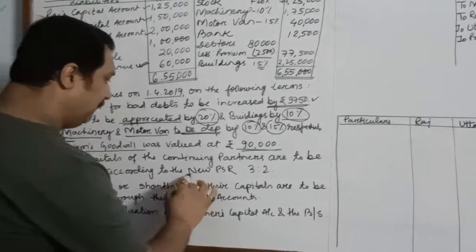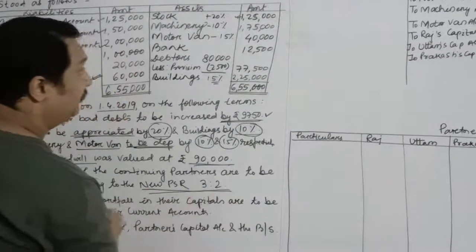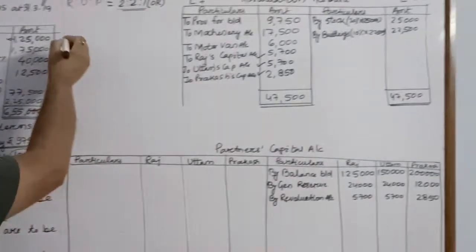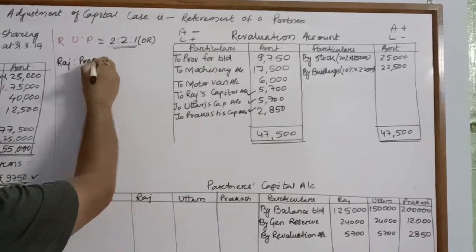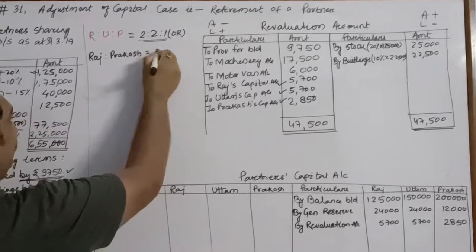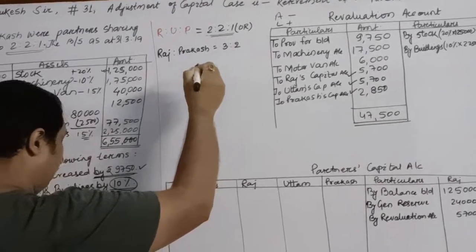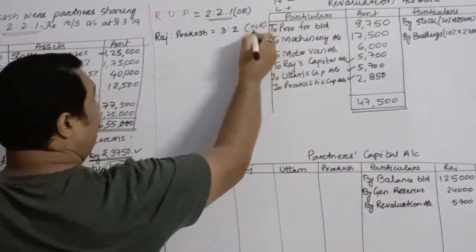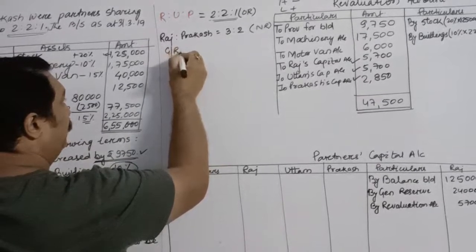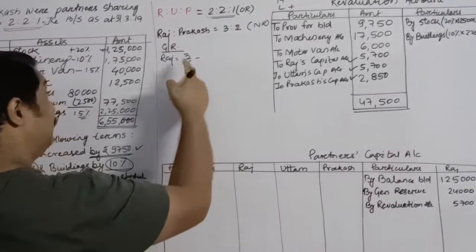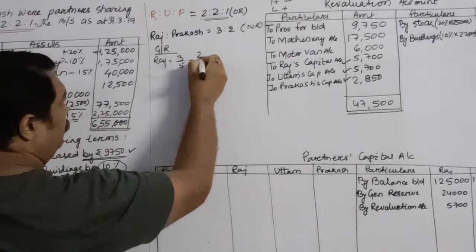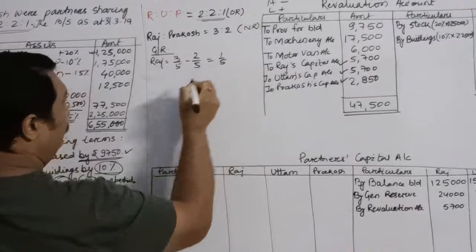Now, after these three items, the next item is the firm's goodwill, which is valued at rupees 90,000, and the question has clearly given the new PSR, that is 3:2. So here I will write about Raj and Prakash, who are continuing, and the new ratio is 3:2. So I will calculate the gaining ratio first of all. For Raj, 3/5, that is new ratio minus old ratio 2/5, so it is 1/5.